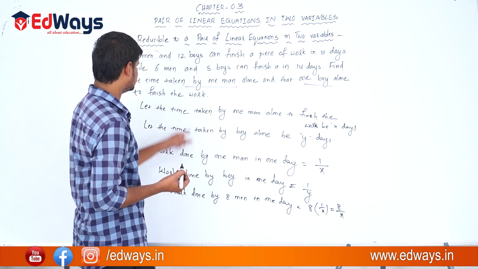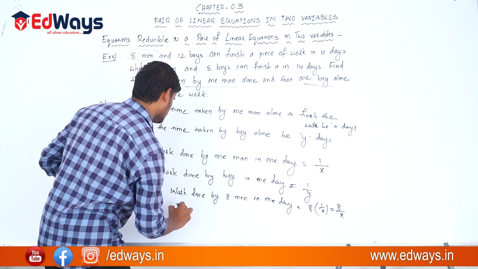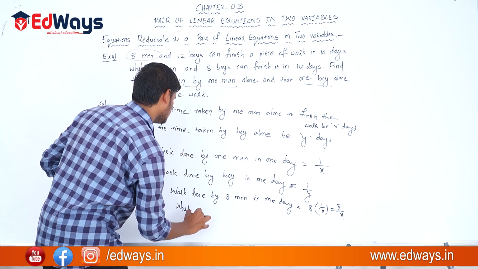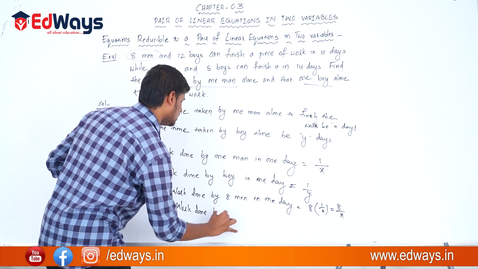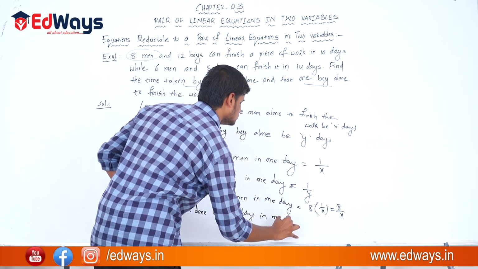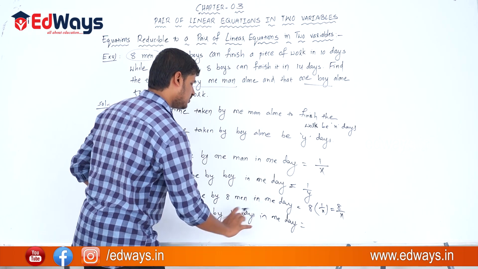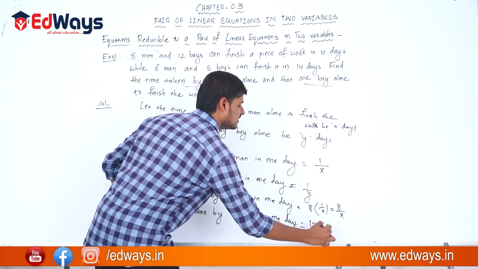And here, the work done by 12 boys in one day: one boy in one day is 1 by y, so 12 boys will be 12 into 1 by y.